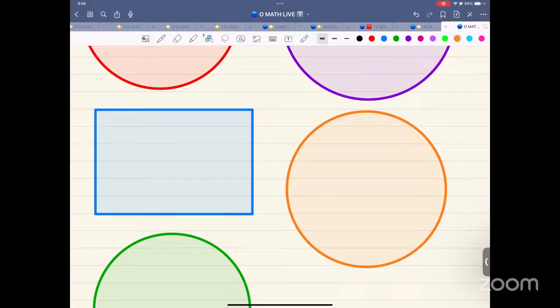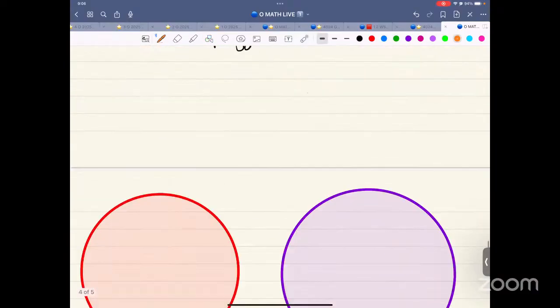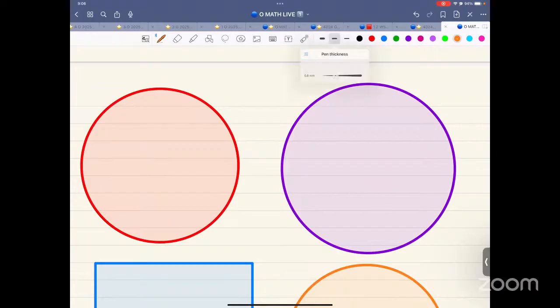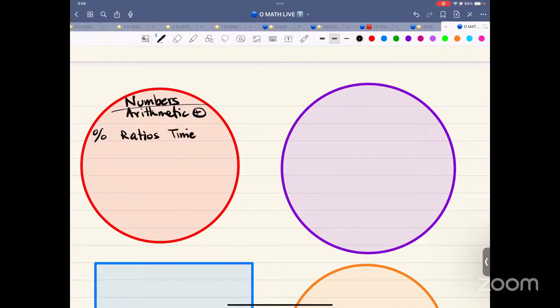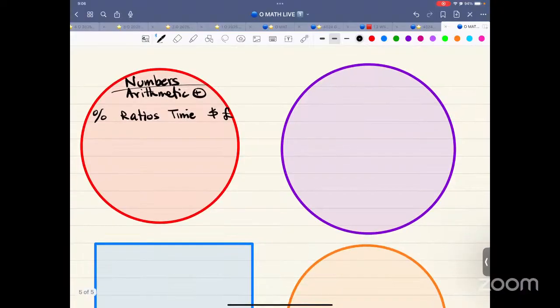The first thing that I need to focus on is numbers. Numbers are very, very important. The old terminology for number is arithmetic, but it's much more than arithmetic. We talk about percentages, ratios, time, and currency, so there are dollars and pounds and PKR.